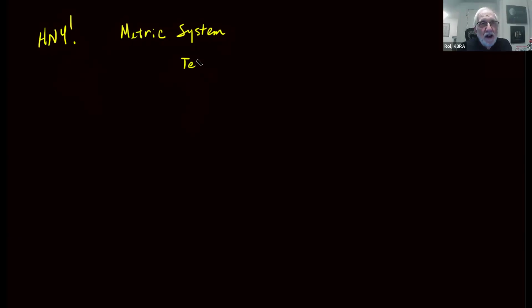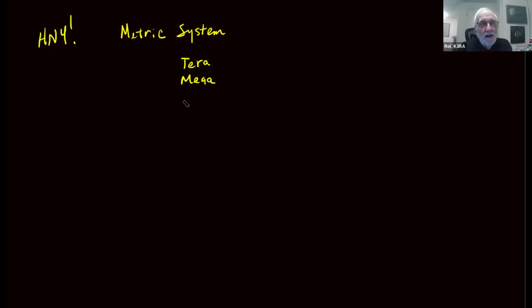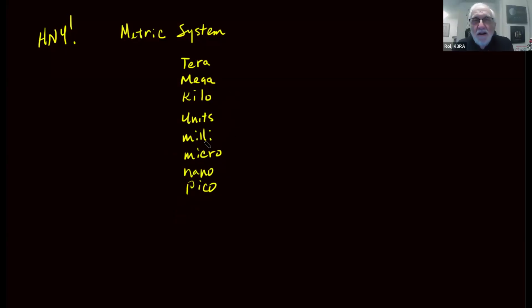They go tera, mega, kilo, units, milli, micro, nano, and pico. And there are more on each side. They go on to cover the biggest numbers you can possibly think of and the smallest numbers you can possibly think of. In fact, probably smaller than anybody's been able to think of yet. They got names for them. But we're not going to worry about any of those.